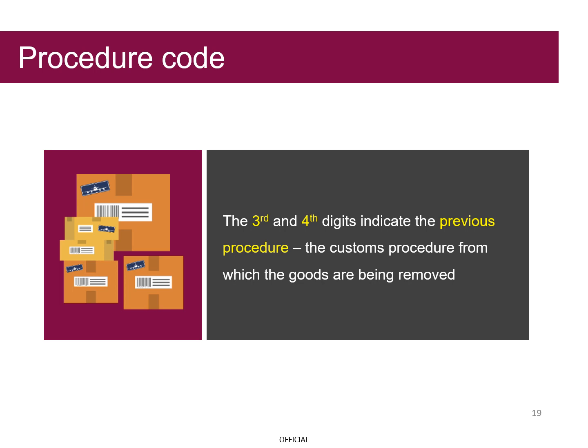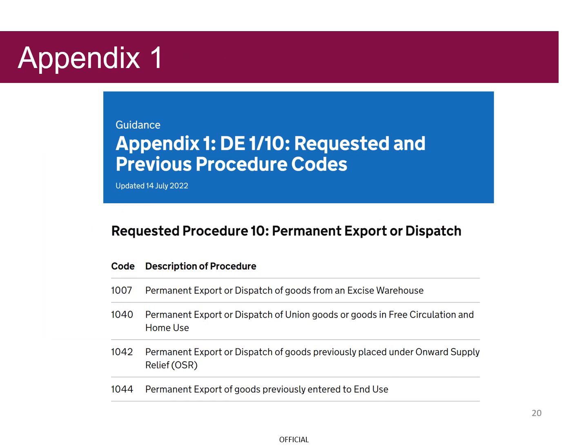The third and fourth digits indicate the previous procedure, in other words, the customs procedure from which the goods are being removed. Grayson scrolls down to look at the options for Requested Procedure 10, Permanent Export or Dispatch section.